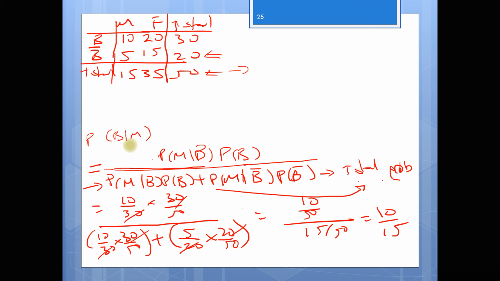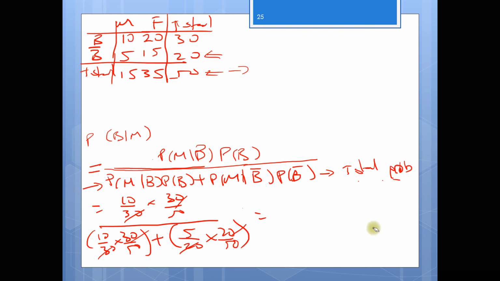We say that the probability of B given M is equal to that.